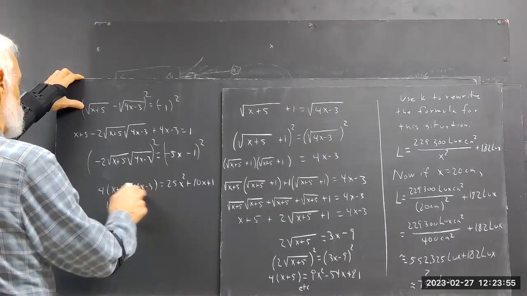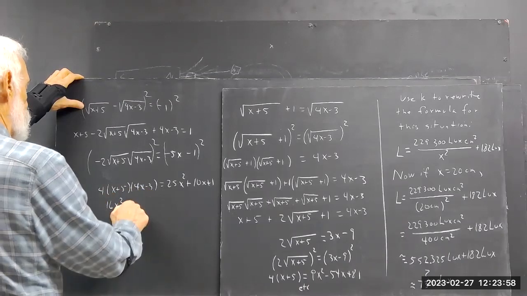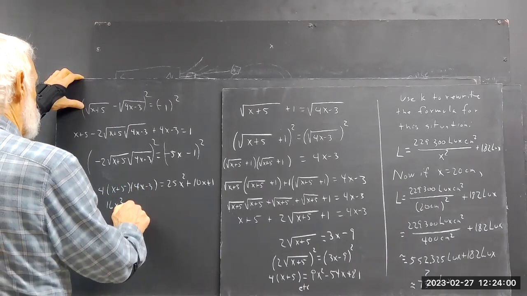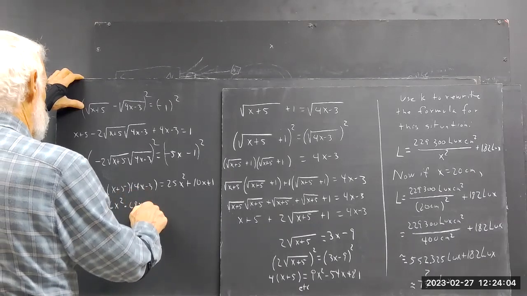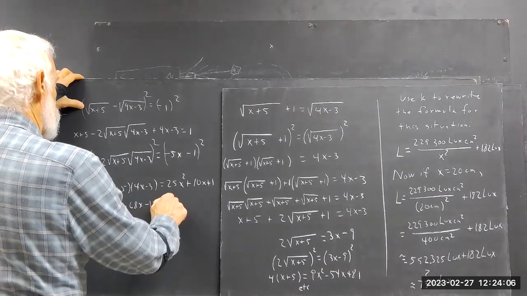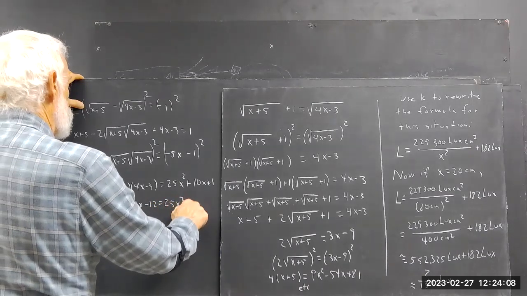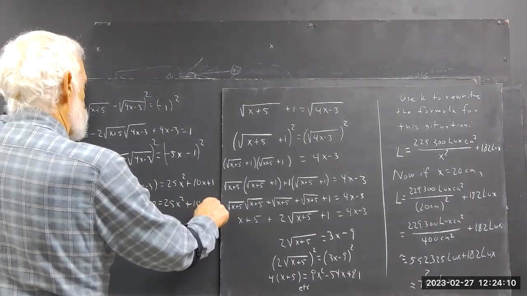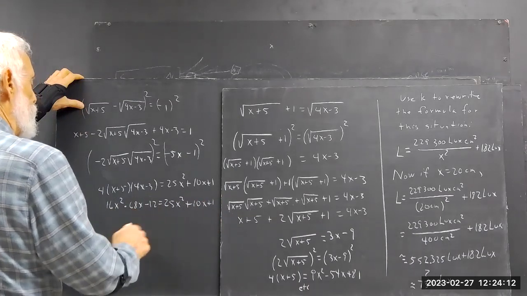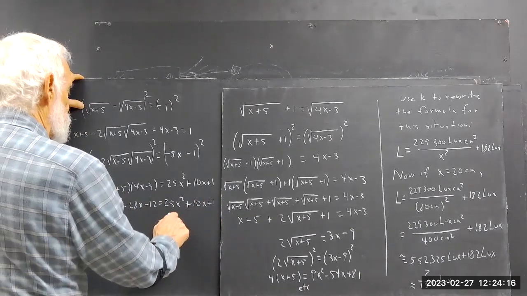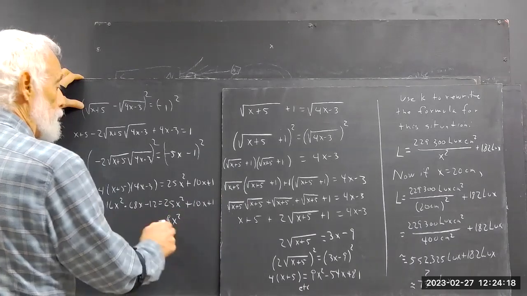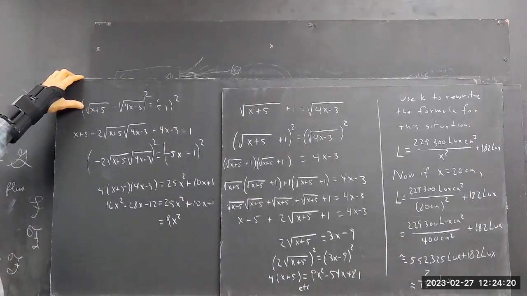We're going to have 20x and minus 3 is 17x. It's going to be minus 68x, and then minus 12 equals 25x squared plus 10x plus 1. If we subtract the 16 from both sides, just compare it with this, look at that, we got 9x squared, just like we did. Okay.